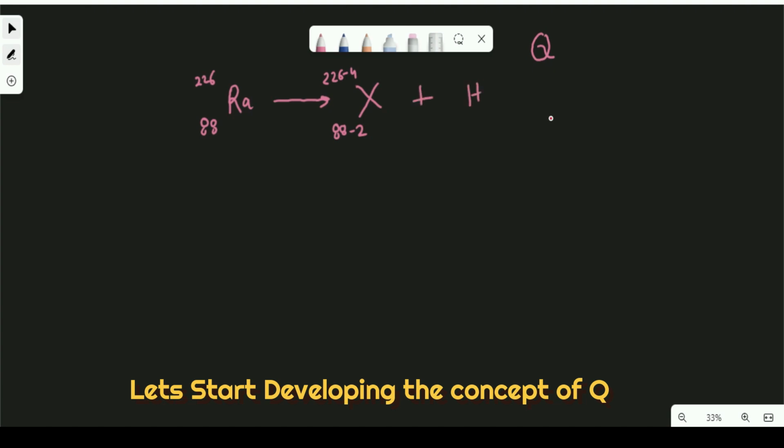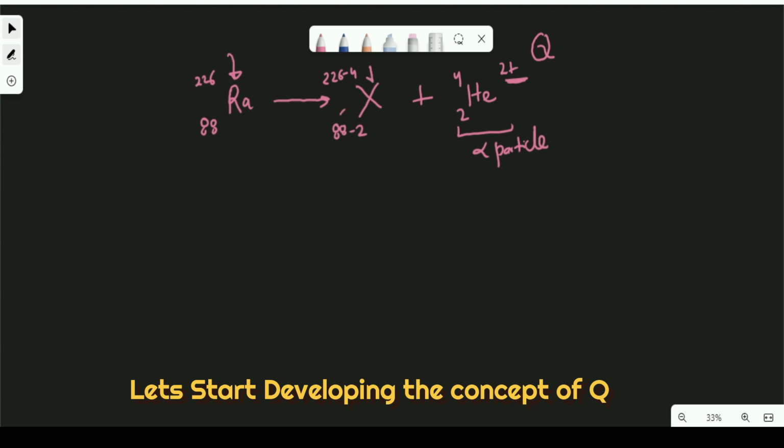which is nothing but helium with a 2 plus charge. We don't have to worry about the charge. This is basically an alpha particle. So this is a nuclear reaction, like you have a chemical reaction in chemistry. This is a nuclear reaction where a lot of nuclei are being shown.